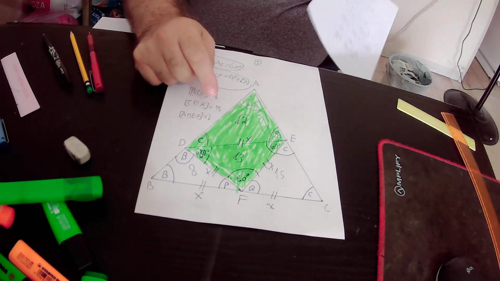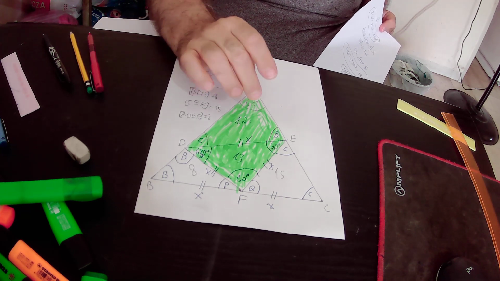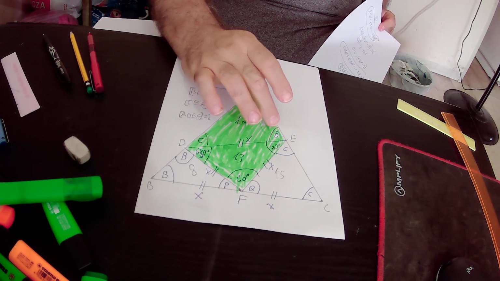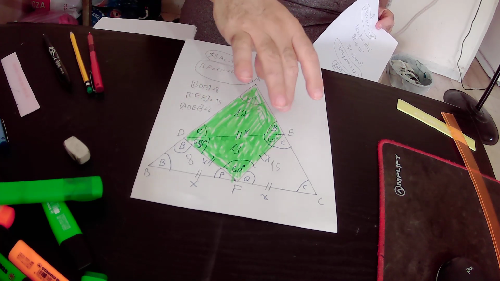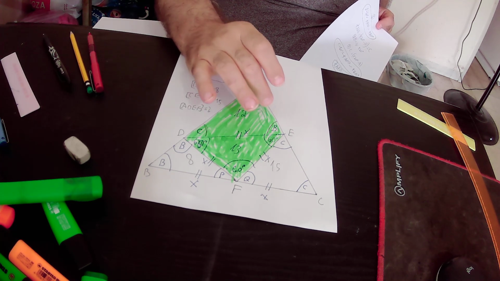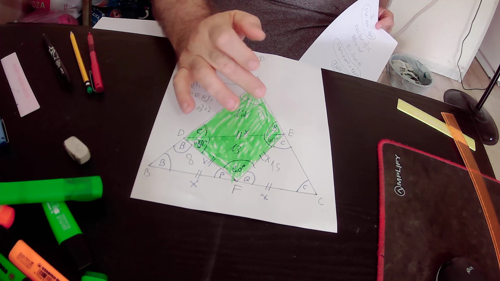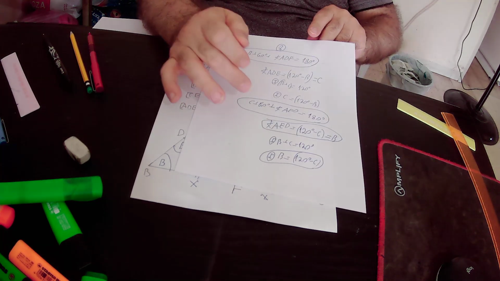Then we repeated the same process on the other side of the triangle. We know that AC is a straight line, therefore C plus 60 degrees plus angle AED must be equal to 180 degrees according to rule number 3.